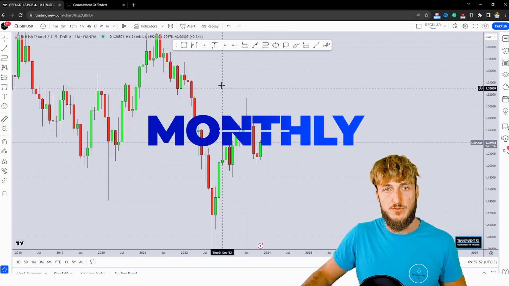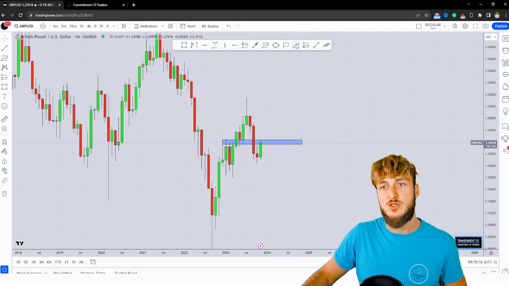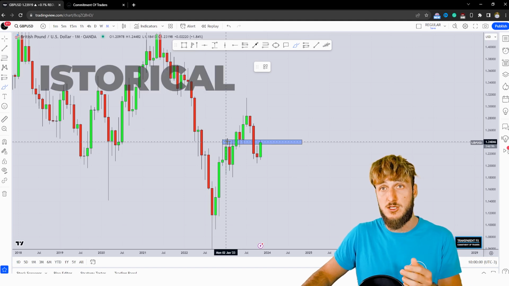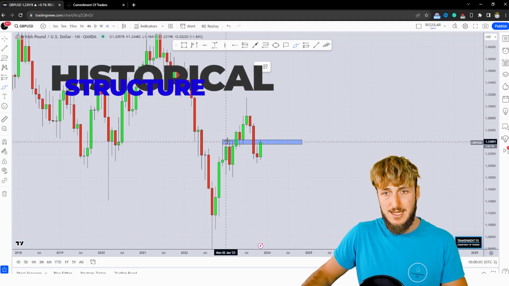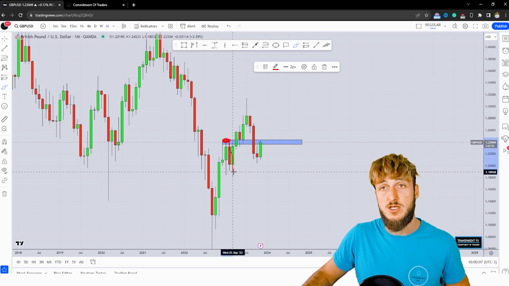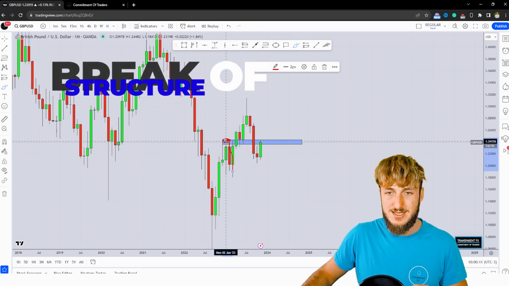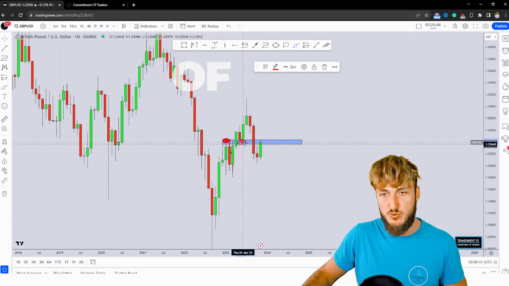Now, starting here from the monthly time frame, what we can see is that we have a market which is currently testing a quite strong level of monthly historical structure. In fact, this zone was acting as previous resistance here, preceding all this move to the downside. Then the market broke above that resistance and that previous resistance became support here.